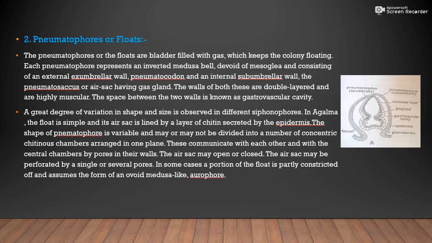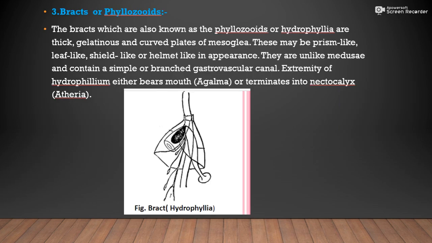medusoid zooids. Now we see another modified medusoid form, the bract, also called phyllozooid or hydrophyllium: a thick, gelatinous, curved plate of mesoglea. These may be prism-like, leaf-like, shield-like, or helmet-like in appearance.